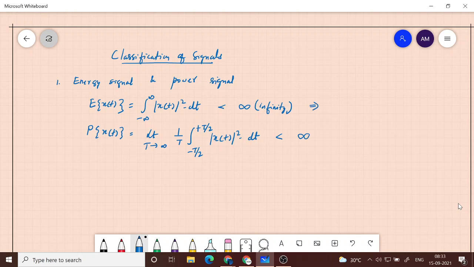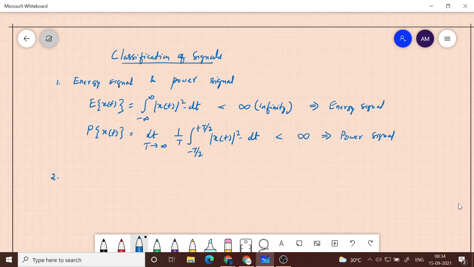So this is the condition for an energy signal. Now if you evaluate the energy and it turns out to be infinity, then you go and evaluate the power, and if it is finite and non-zero, then we have what is called a power signal. Now there are signals in which neither energy nor power is finite, so such signals can't be put in this category. That is neither energy nor power signal.